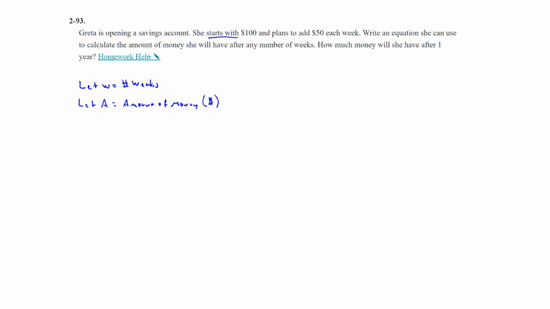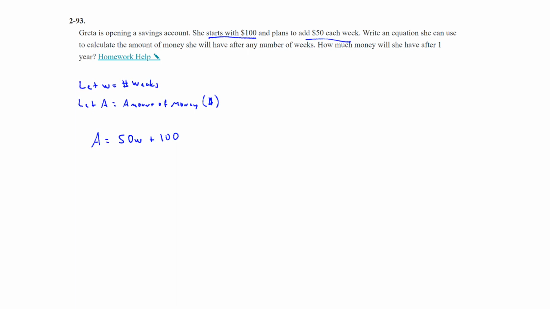So she starts with $100, that's your initial, and then she plans to add 50 each week, and that's your multiplier, or that's what you're adding each week. So your equation would be A is equal to the $50 that is being added each week plus the initial $100 that was in the account. So A is equal to 50W plus 100, or whatever variables you chose.